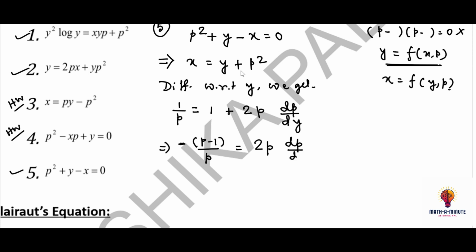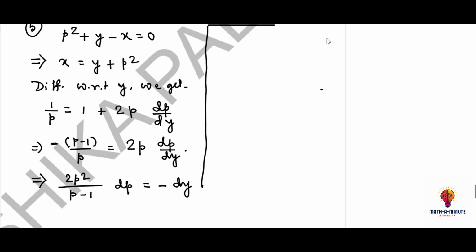Okay, now it has become first order first degree in p, so we can write this equation as 2p square divided by p minus 1 dp equals minus dy. Okay. Now we just have to integrate both sides.